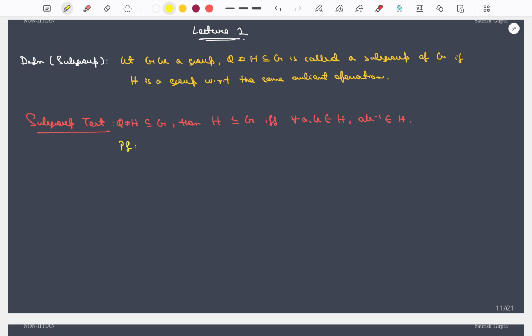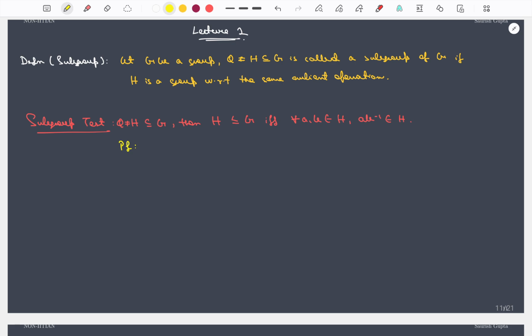So what do we need to check for H to be a group? We need to check that it's closed, and we do not need to check whether the operation is associative or not, because associativity is solely dependent upon the operation. It is not dependent on the set from which the elements we are considering.